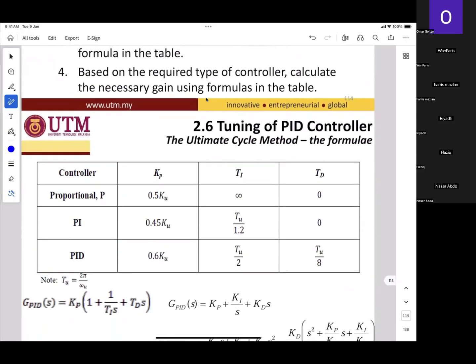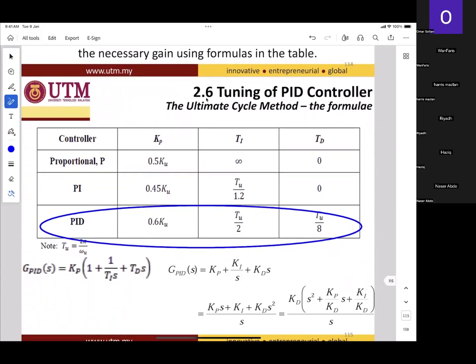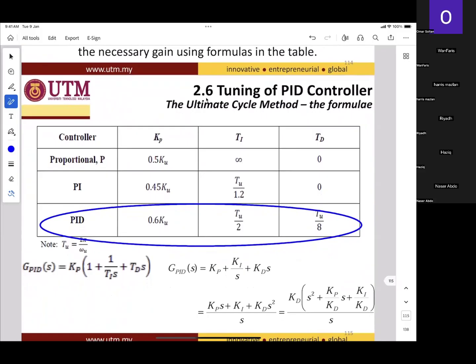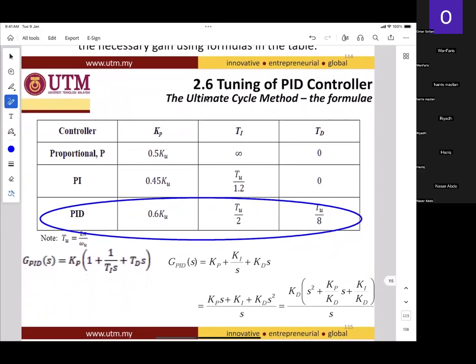So this is the table. You use the third row, where for PID, Kp is 0.6 Ku. Then you find the Tu, divide by 2, you get Ti. Then Tu divided by 8, you get Td. So Kp is the proportional gain, which is 0.6 multiplied by Ku. And GPID is shown here.